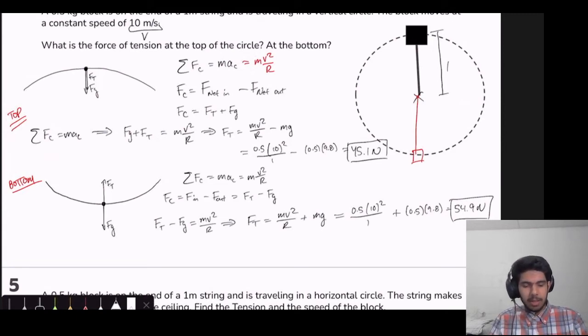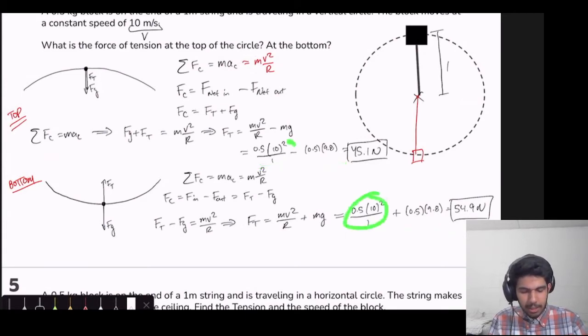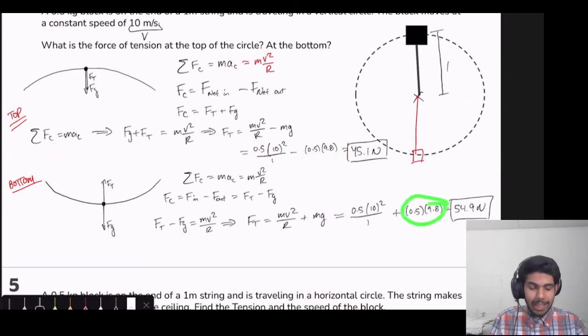In this case, the difference between the forces 45.1 and 54.9, if we take that difference, we actually get 9.8, which is the gravitational constant, and that is mainly due to the difference between the computations here and here is that we have the same first term, but in the first calculation we subtracted this 0.5 times 9.8, and in the second one we added it.